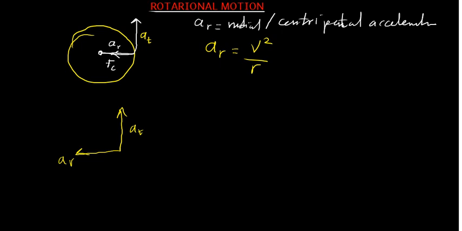If we draw lines parallel to the radial or centripetal acceleration, and then a line parallel to the tangential acceleration, and join this, it gives me the resultant vector in that direction. We are going to call it the resultant acceleration.